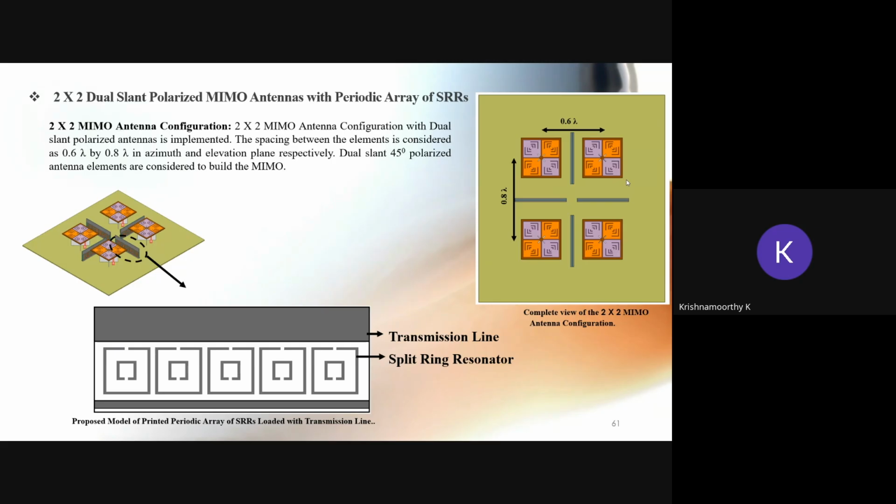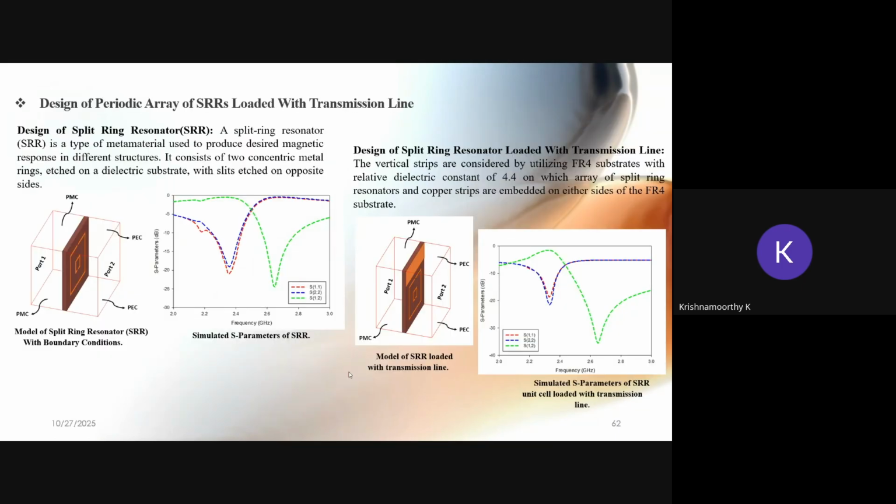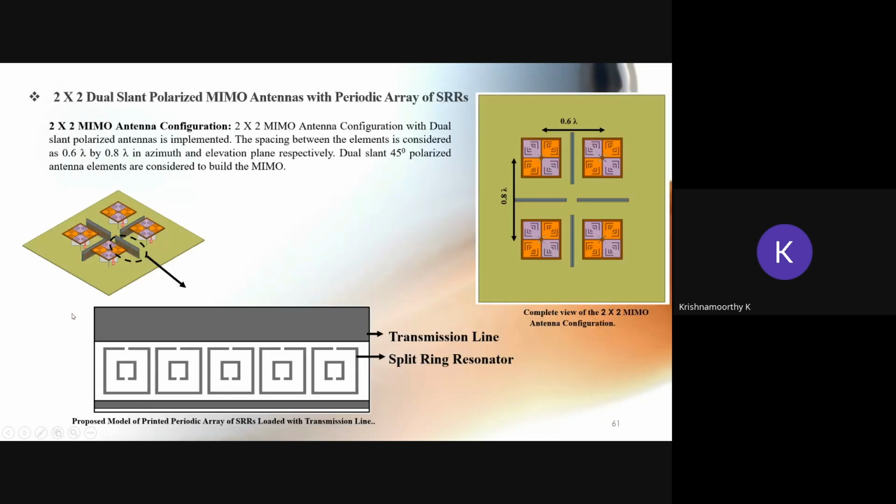We keep these antennas close to each other, so we need to reduce the mutual coupling. For that, we are using this kind of SRR structure to create a band gap so that we can improve the isolation between the two antennas. This is the characteristics of the unit cell of this SRR.